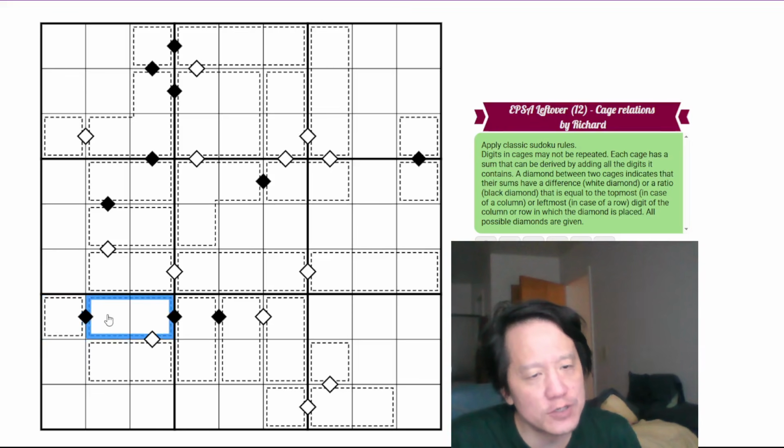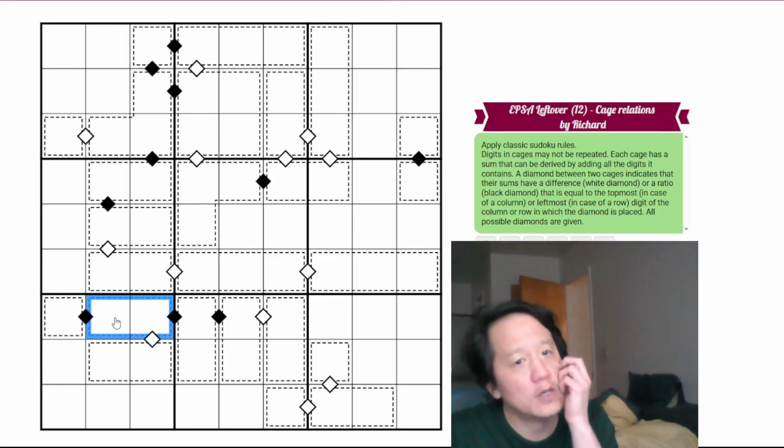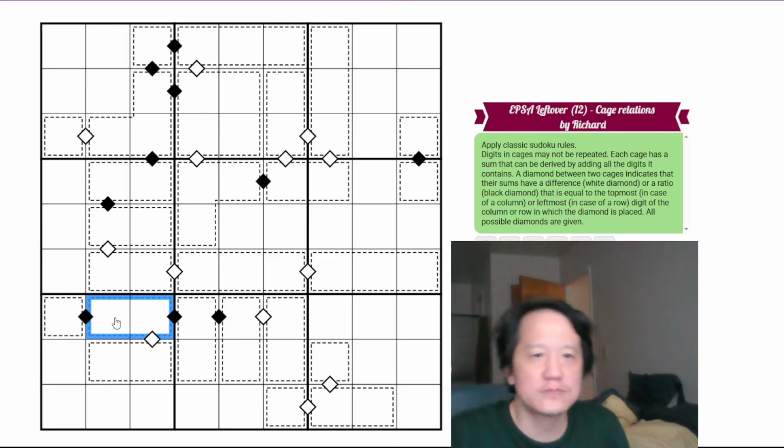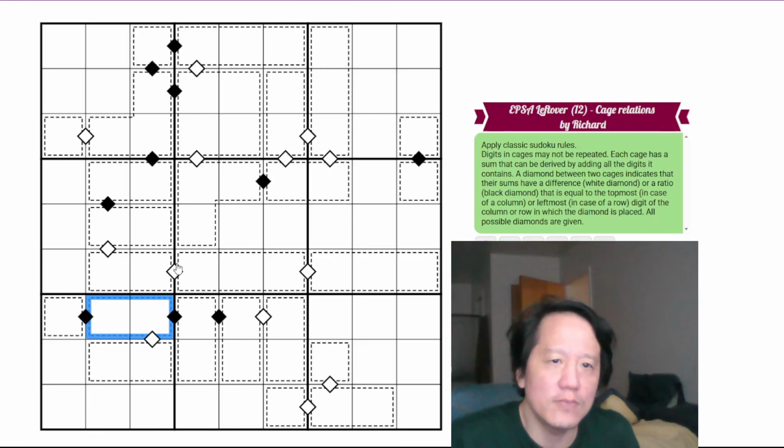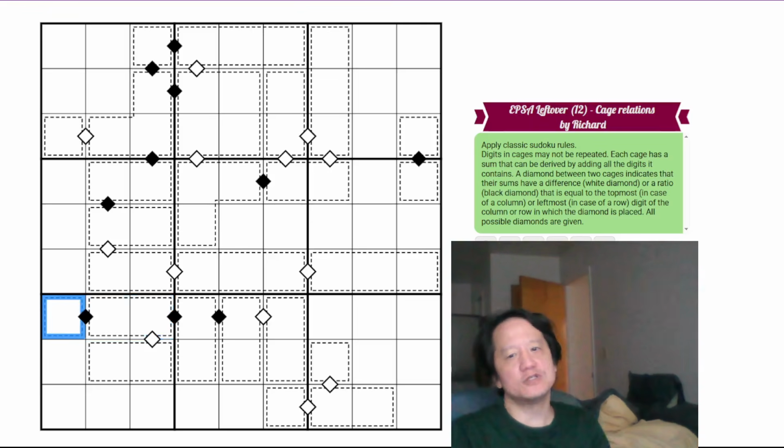You could have 2 here with 1, 3 there, or this is 3 with this adding up to some 9 in that case. Interesting. So this is 2 or 3.